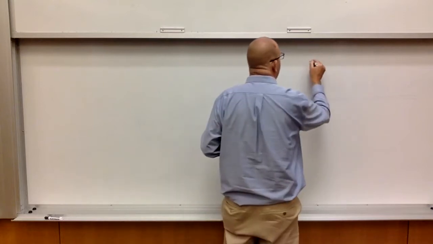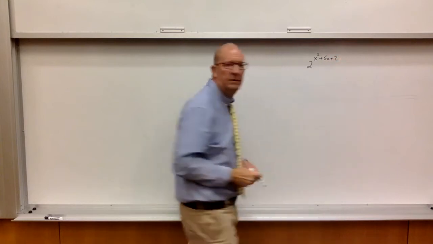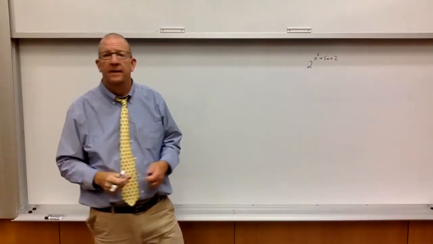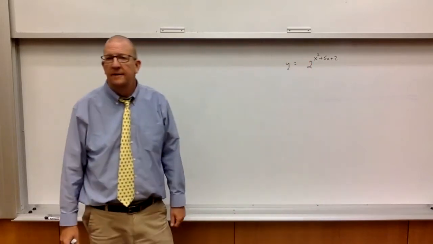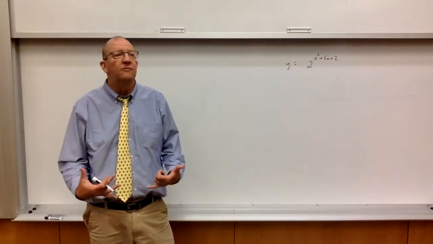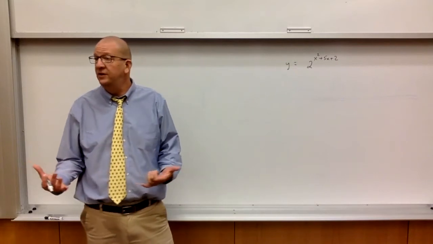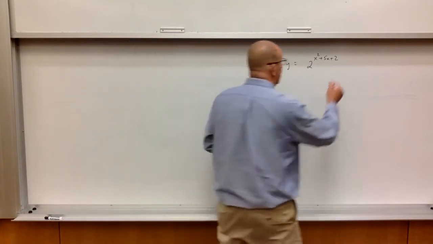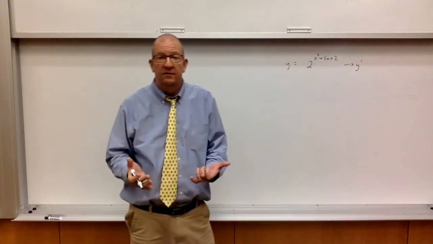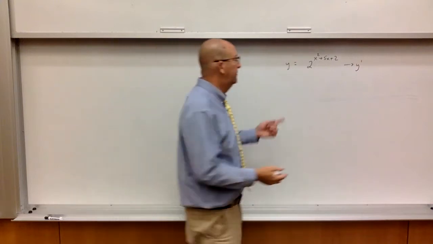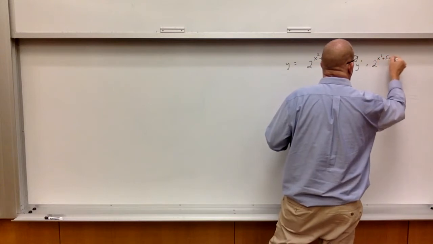You know that if I give you 2 to the x squared plus 5x plus 2, and I say y equals this, you can give me y prime, can't you? This is a nice exponential function. We know this. So what do we do for y prime? We treat this similar to e, right? So the first thing we're going to do is rewrite the entire expression.